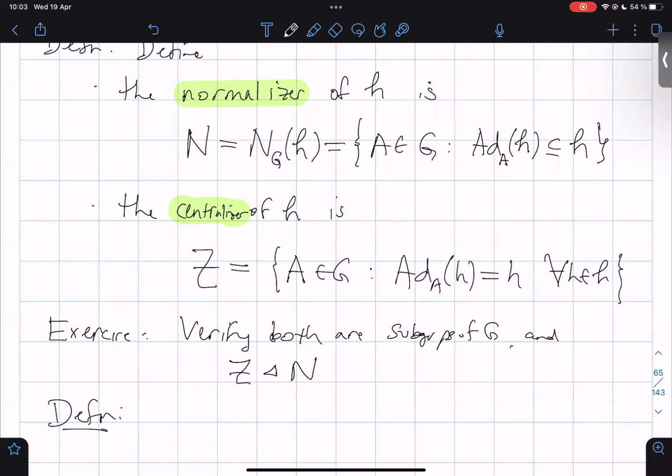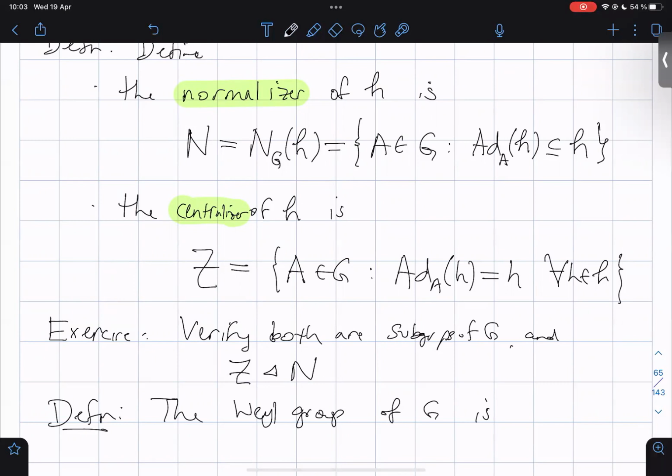Normal subgroups, just in case you haven't played around much with those, are precisely the subgroups for which it makes sense to take a quotient. And that's this fundamental object that we're going to be talking about, this Weyl group.